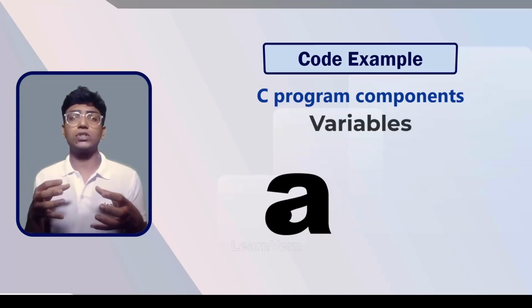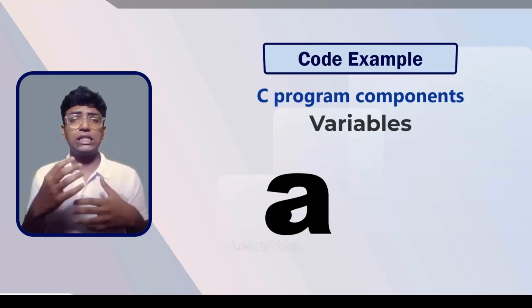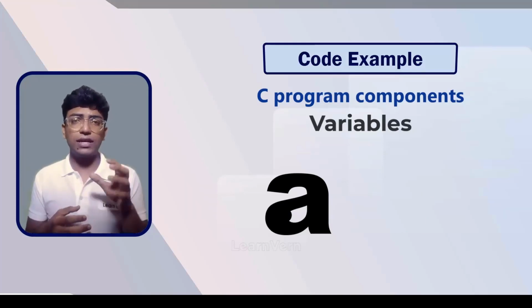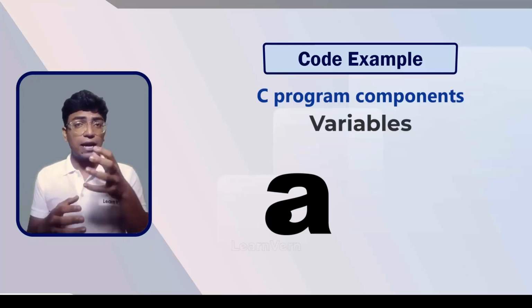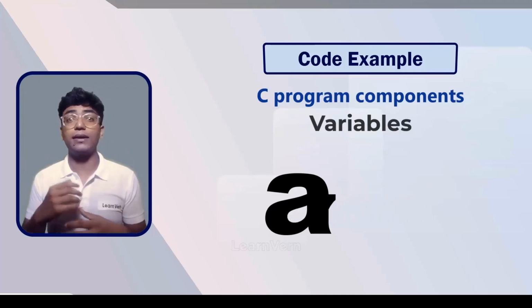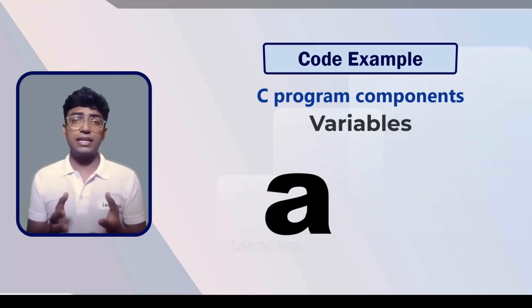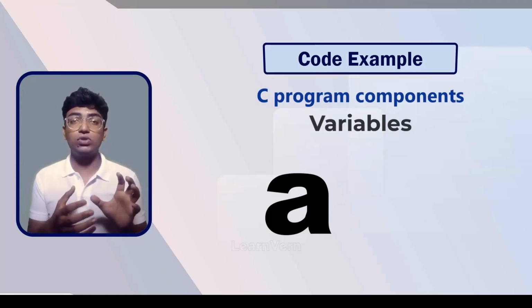Suppose I have stored 5 in A. Whenever I have to change any value inside this variable, I can change it. Like I had put 5 before in A. Now I will change it to 7 or 8. As per my requirement, I can change the value stored inside it.